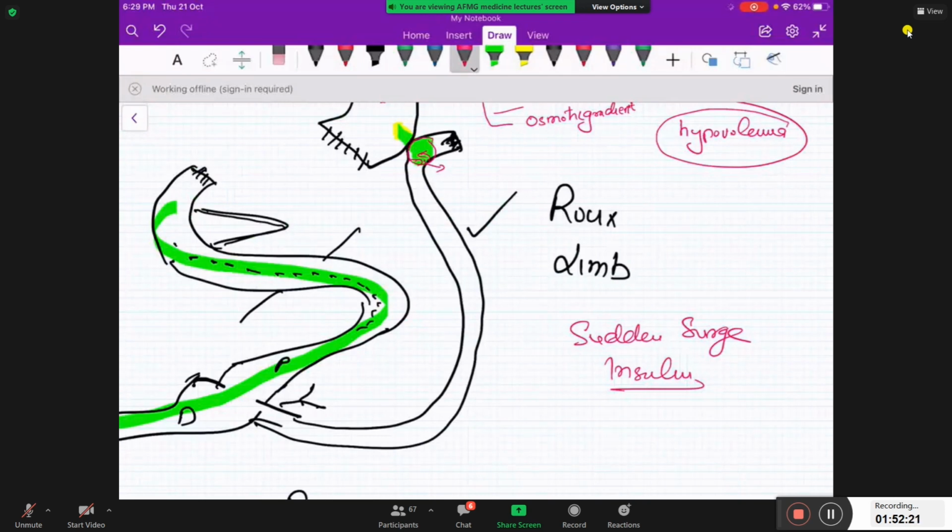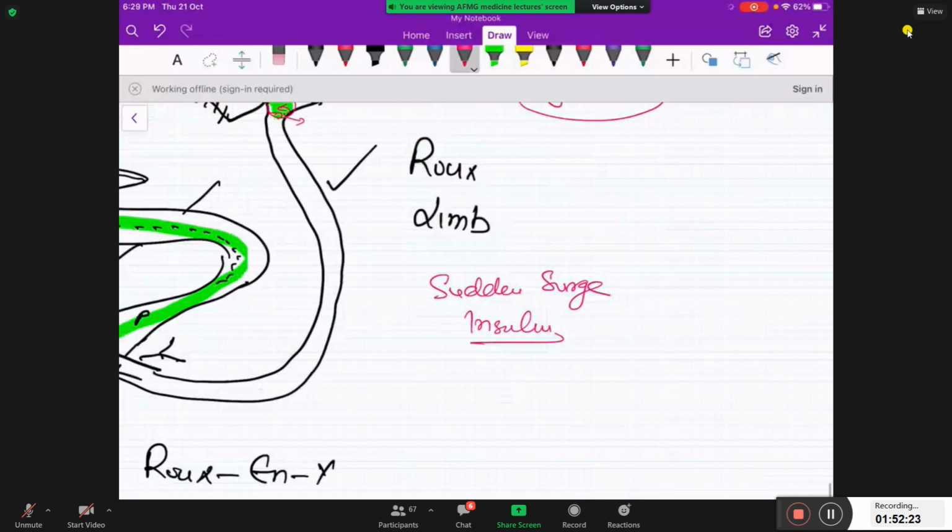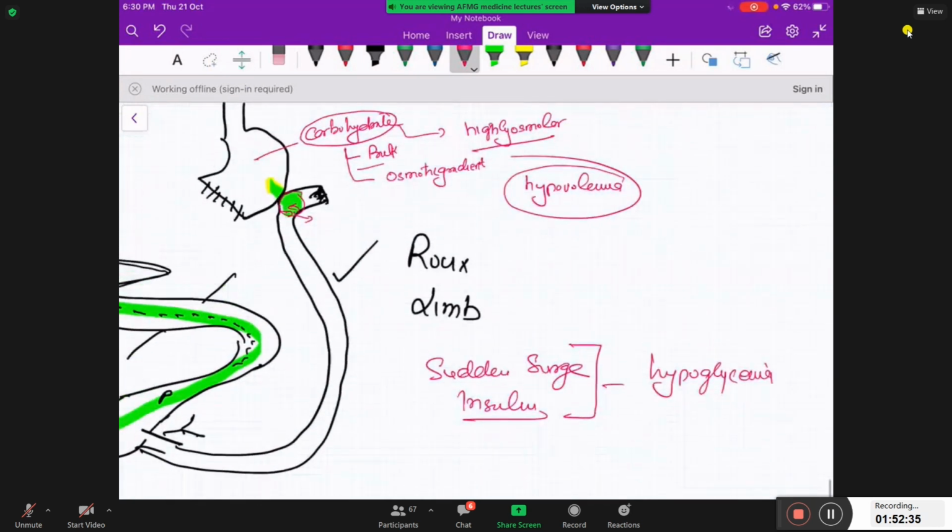Because of this sudden surge of insulin, the patient will develop hypoglycemia. So the body perceives hypoglycemic symptoms in late dumping, and this is called late dumping.